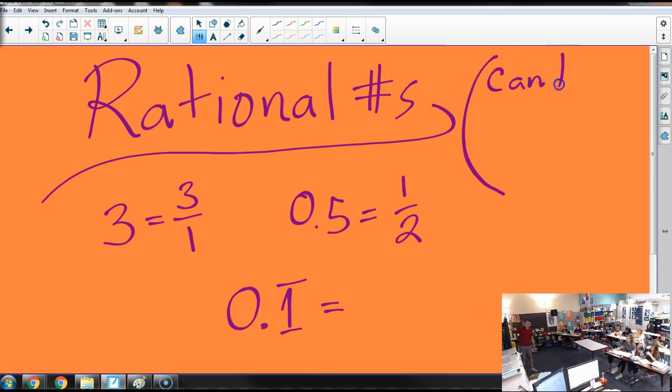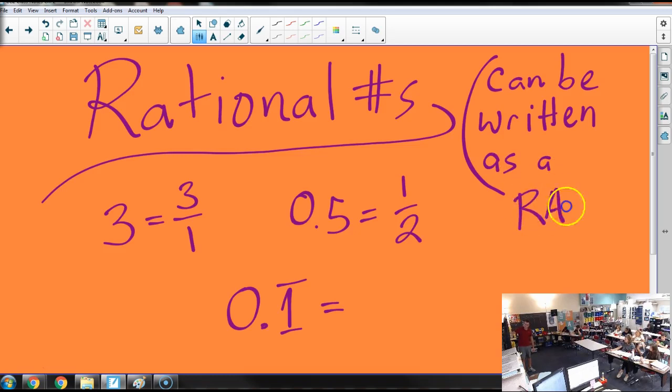So rational numbers, if we want to formalize this, can be written, I promise I will make this a short definition, but you should write this down, as a ratio, which is another word for fraction.